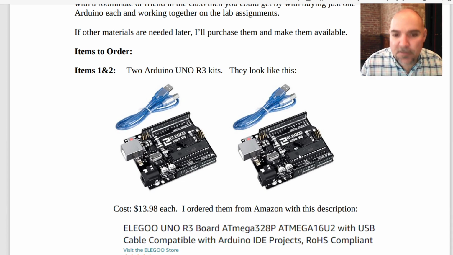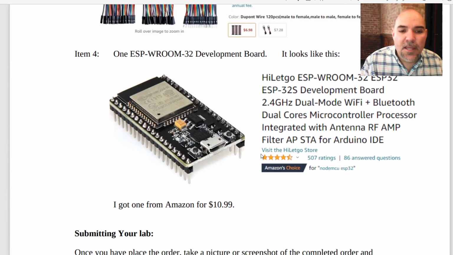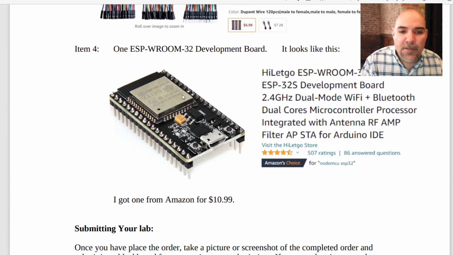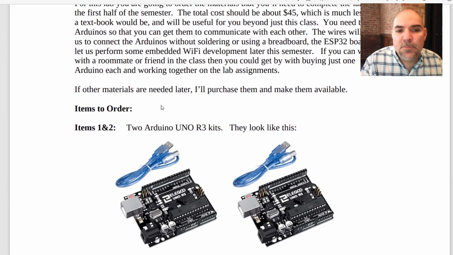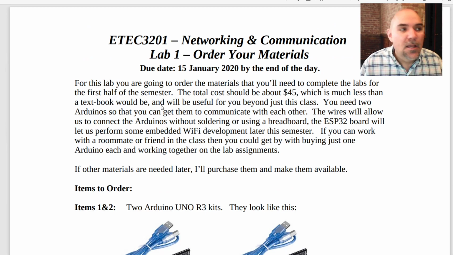We're going to use C and C++ to write the code for these guys. I believe this thing actually has both a C environment and a CircuitPython that you can use on that. But we're going to use C and C++ for most of the stuff in here. So if you are a little fuzzy on that, maybe go back and familiarize yourself with C and C++ programming, especially bitwise operators. We're going to be doing some stuff with those this semester.